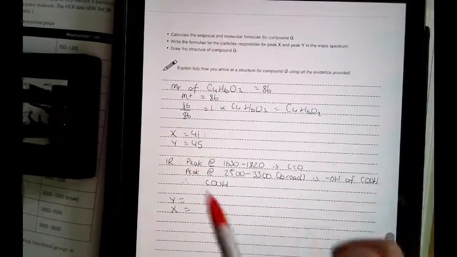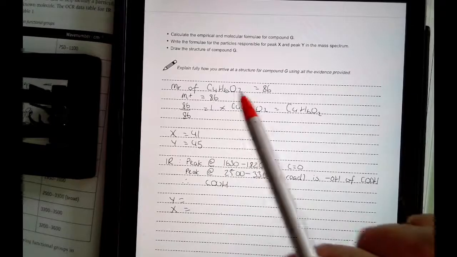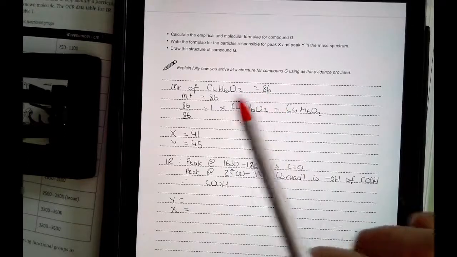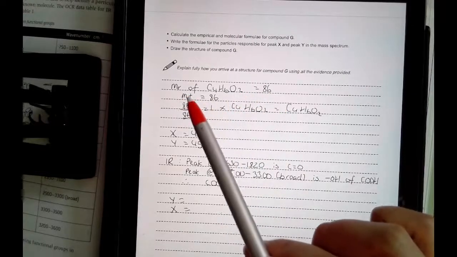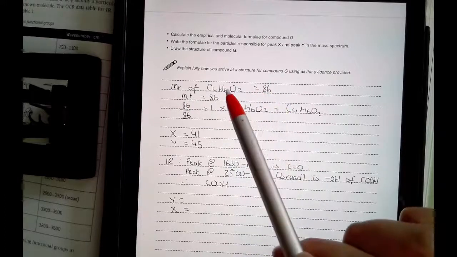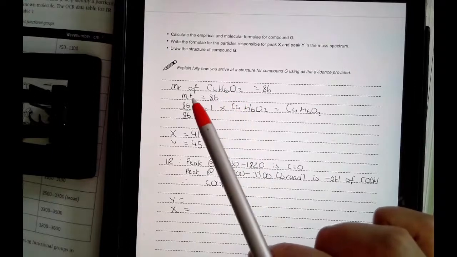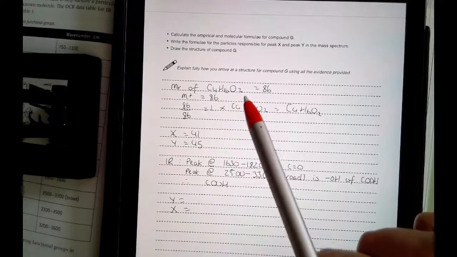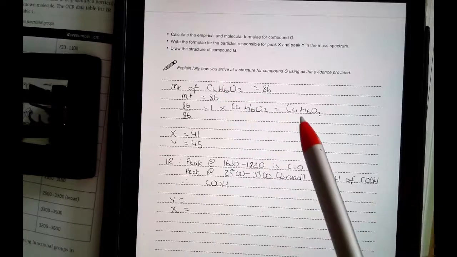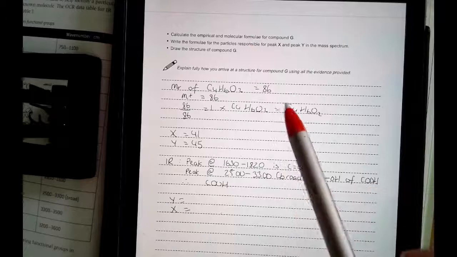Okay, so I have to find the formula mass of my empirical formula. I see that that's 86. I read that the molecular ion has a mass of 86 from my mass spectrum. Because the formula mass of the empirical formula and the molecular mass are the same, then that tells me that the empirical formula and the molecular formula are the same. So that's me calculating my molecular formula.